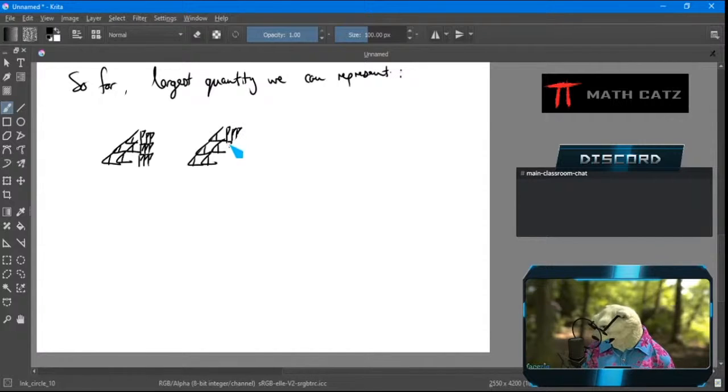So 59 space 59. That's the biggest quantity I can represent. So this will correspond to 59 groups of 60 plus 59.